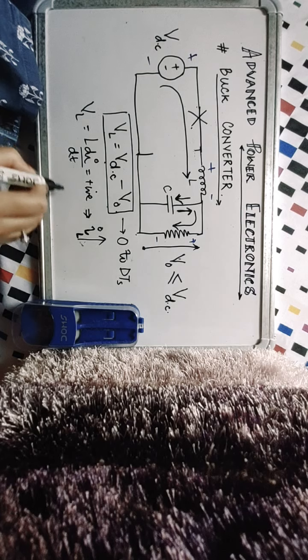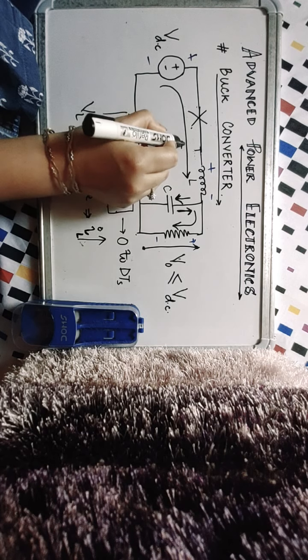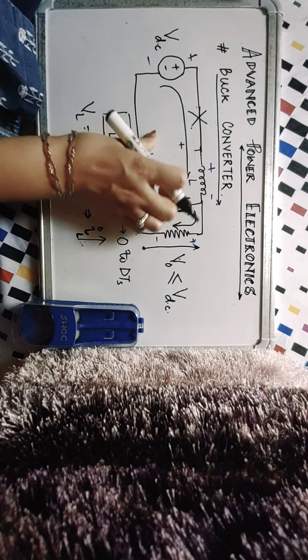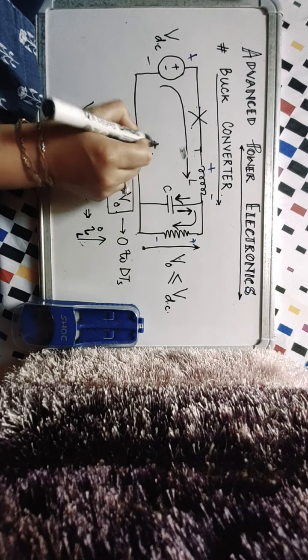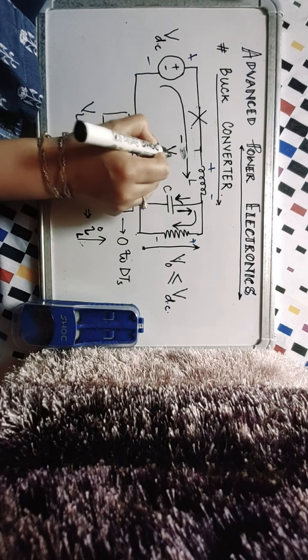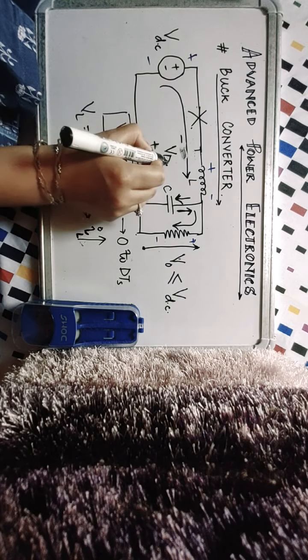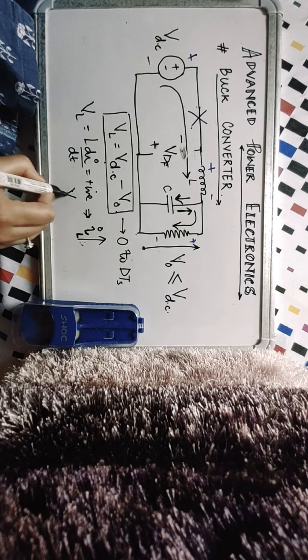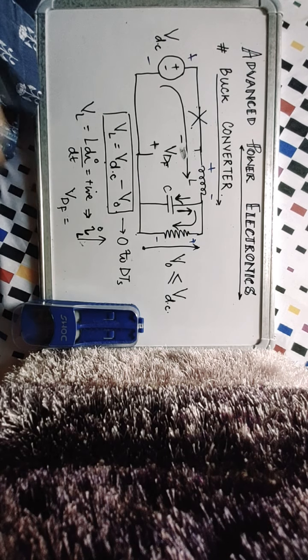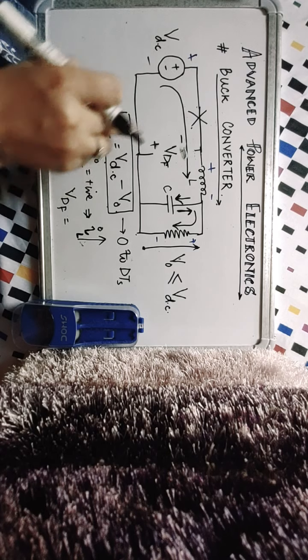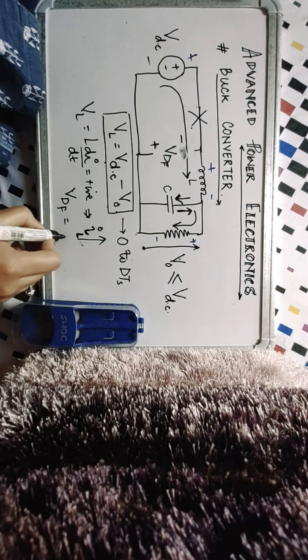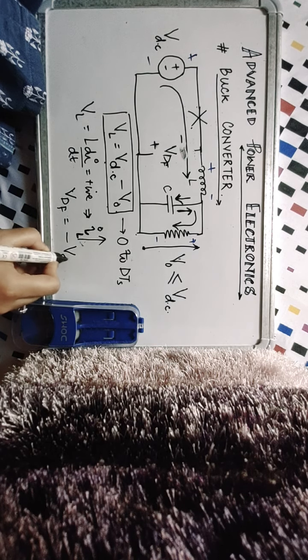What is that voltage? The diode was connected like this, right? So let's call it VDF, the freewheeling diode voltage. The voltage across that diode is minus of VDC, if you see the convention, the way you have connected the diode.